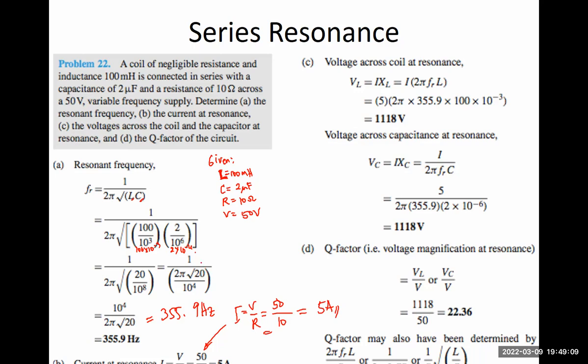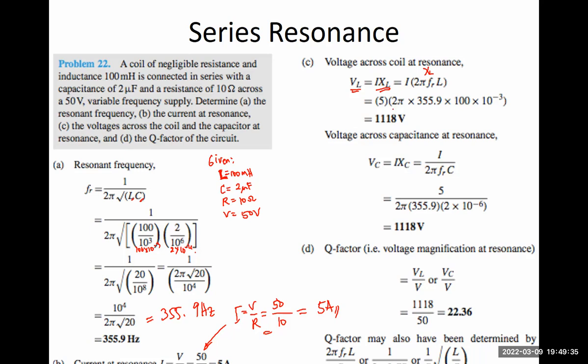Dahil kompleto na ang ating mga ingredients, we could now determine the voltage across the coil. That is equal to the product of the current multiplied by the inductive reactance. So we have I, that inductive reactance now, ito yun, ano? That is 2 pi FRL.